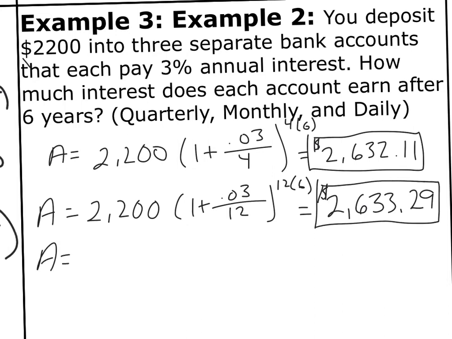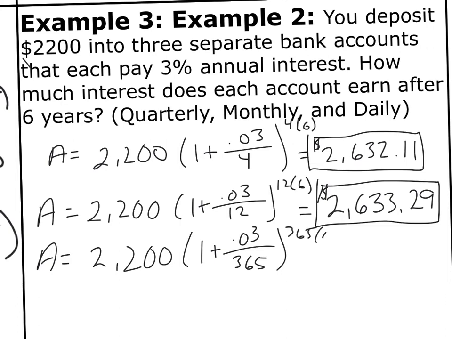Now we have A is equal to $2,200 times 1 plus 0.03 divided by 365. And then we have 365 times 6. Now I'm going to need some more help with that. 365 times 6, that's 2,190. So I'm going to remember that. So 0.03 divided by 365, and then add 1 to that.